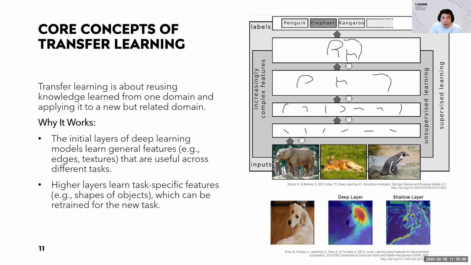And then the higher layers, closer to the output, learn about the specific task or specific features that it has to look for in order to perform the task.